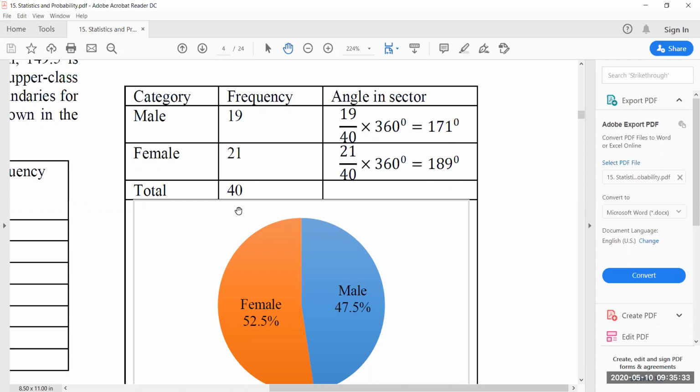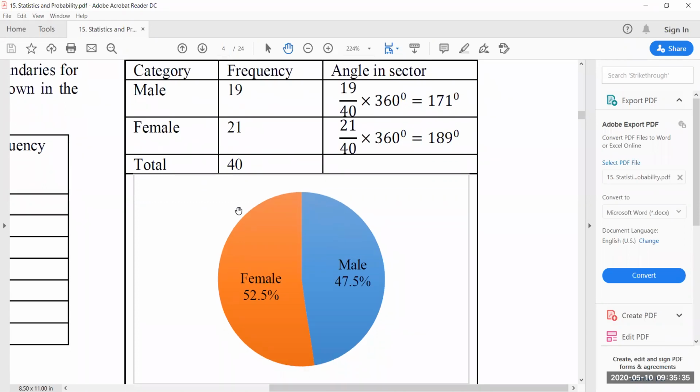If you want to represent how much of the circle males will pick up in terms of degrees, it will be 19 out of the 40 multiplied by 360 degrees, which will give us 171 degrees. So this blue section here is really 171 degrees. Of course, you would use a protractor to do this if you had to manually draw a pie chart, right? But in the exam, you don't have to worry about that.